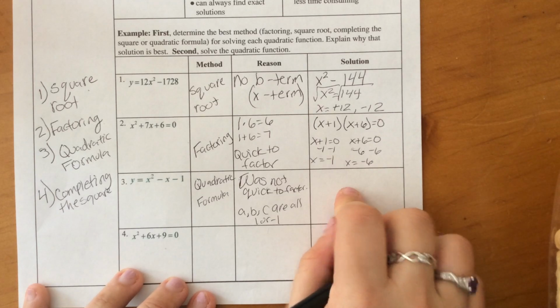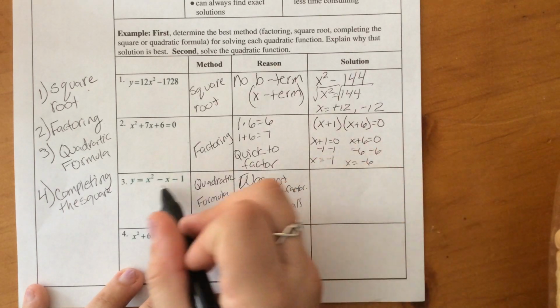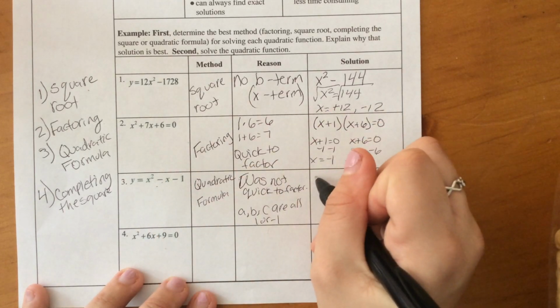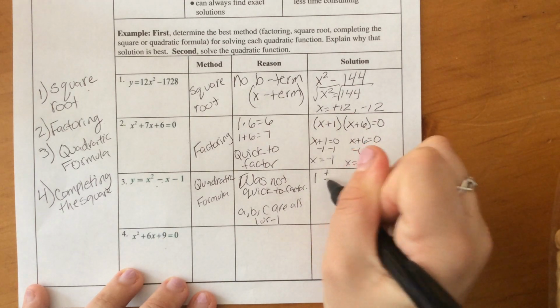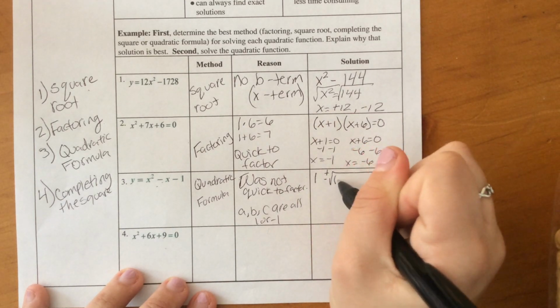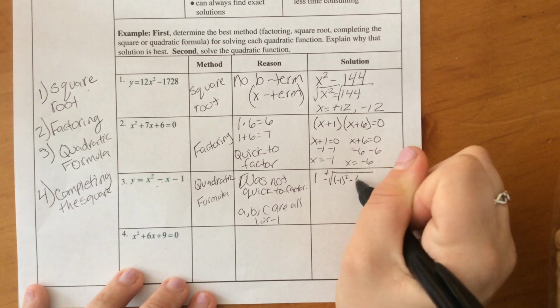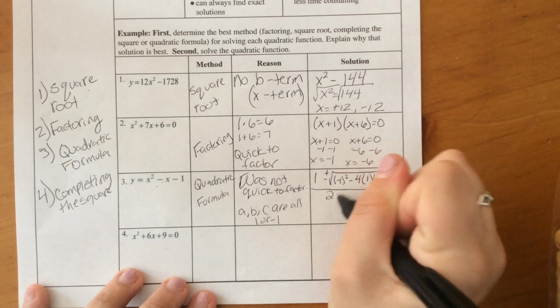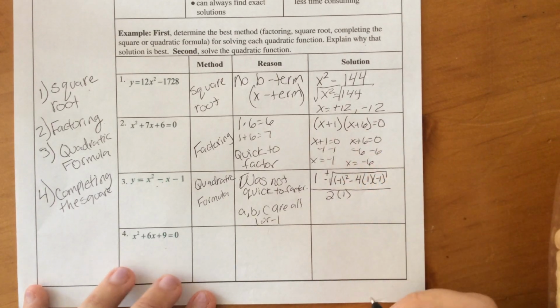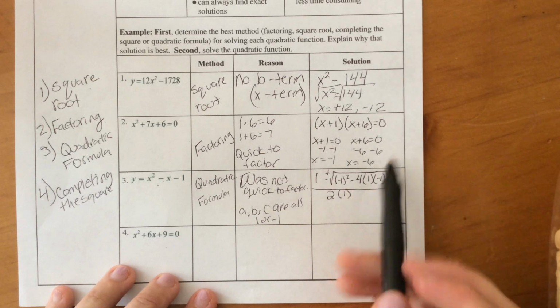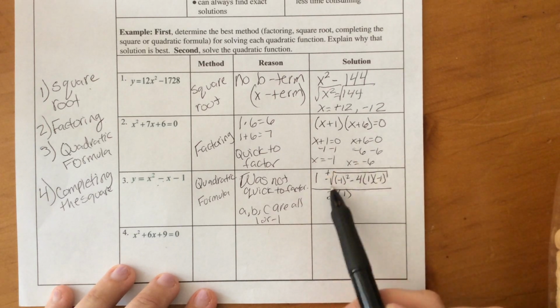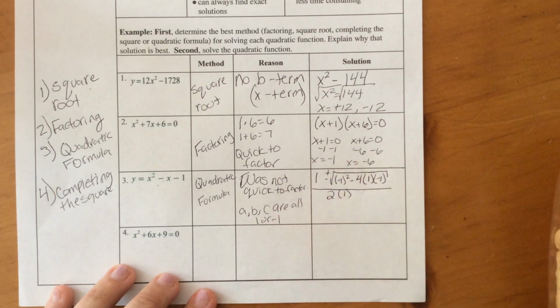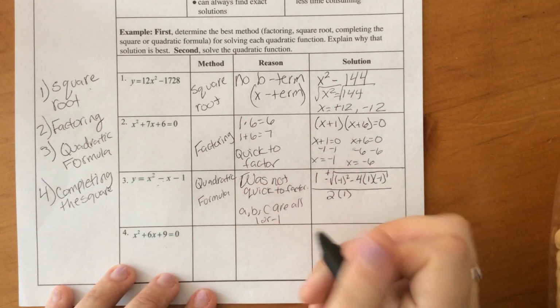And so now over here, remember our equation, the opposite of b. b is negative 1, so the opposite of b is 1, plus or minus the square root of b squared minus 4 times a times c, all over 2a. And so we simplify everything underneath the square root, which you end up with 5.